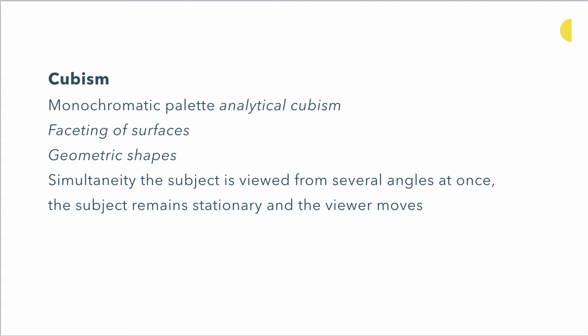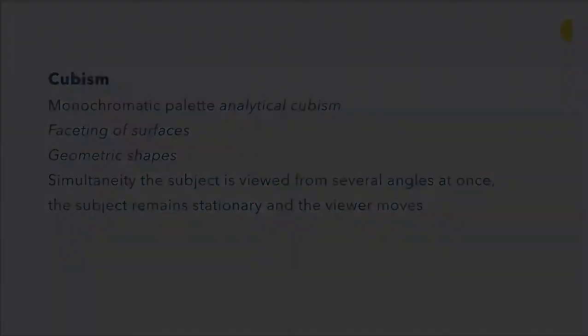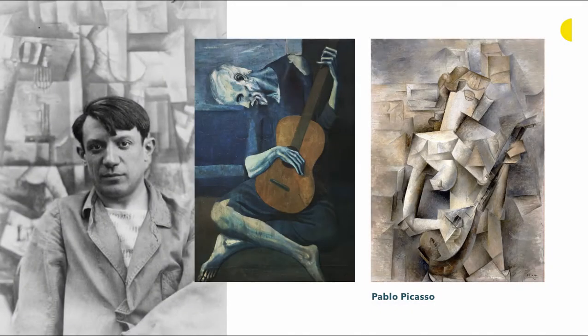So Picasso, for example, in Les Demoiselles d'Avignon, had live models, and instead of just staying put, he drew them from beneath them, beside them on the left, then on the right, and then above. And he combined all those facets, all those perspectives into one image, which is why Cubism has the look that it does. Here are some examples.